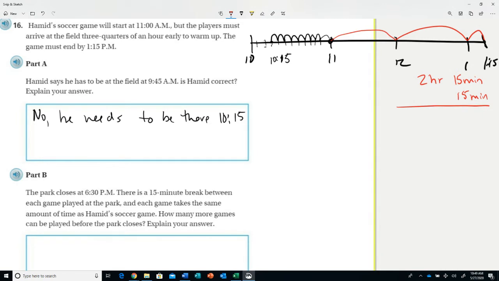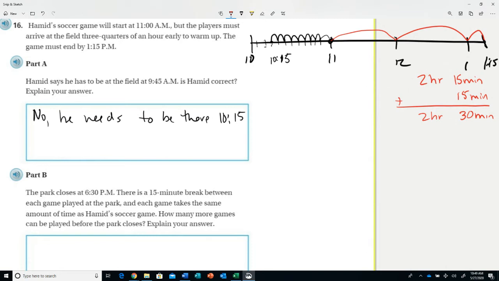Think of it as time to clean up. If this was baseball, I would say to rake the field, but I don't know what they have to do in soccer. Maybe they have to do the same thing. So the total for a game to occur and be cleaned up is 2 hours and 30 minutes.